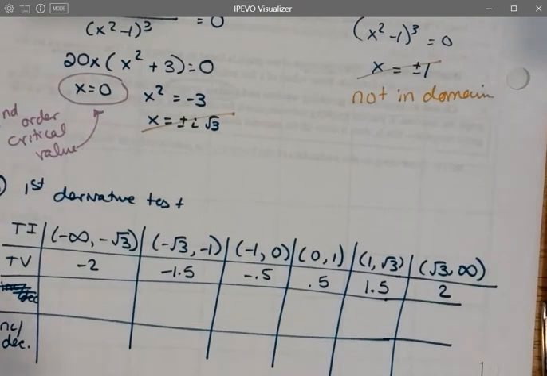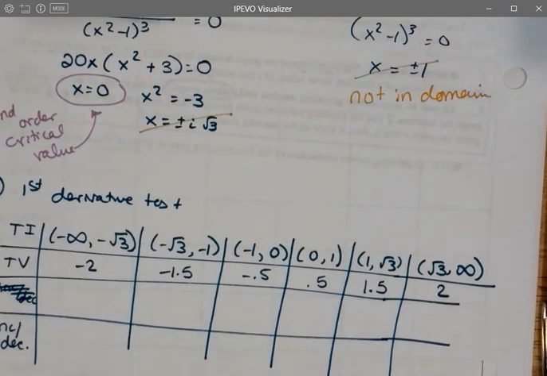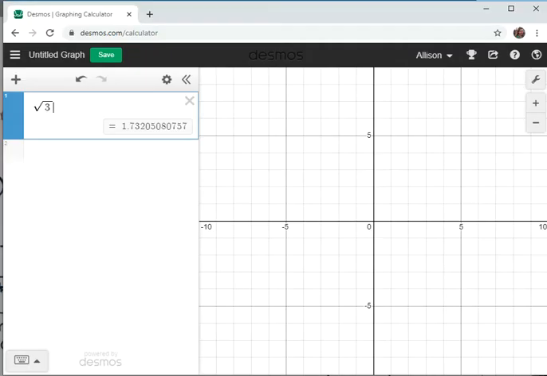Okay, next we need to plug them into the first derivative. So I'm going to type my first derivative and then evaluate them at it.